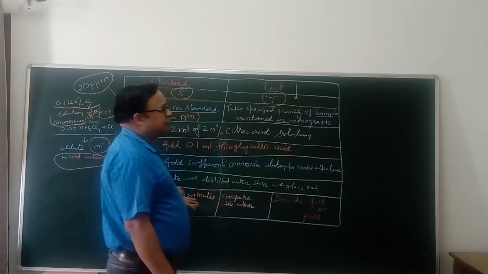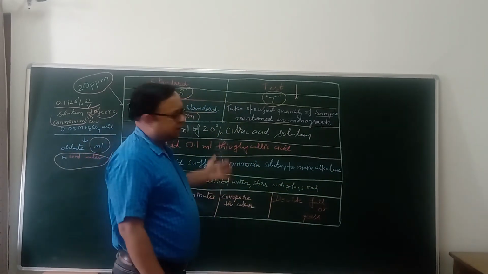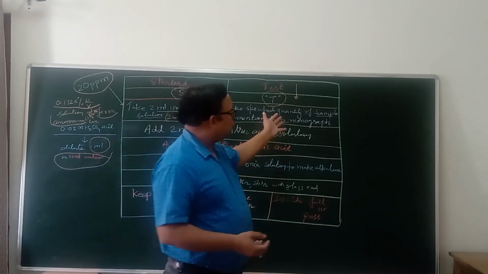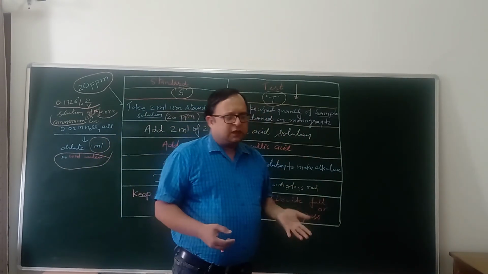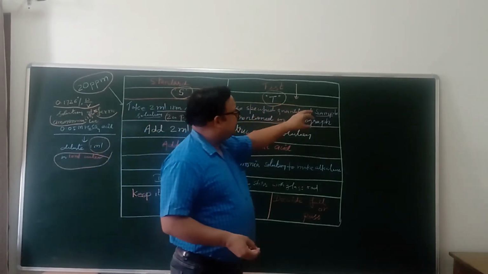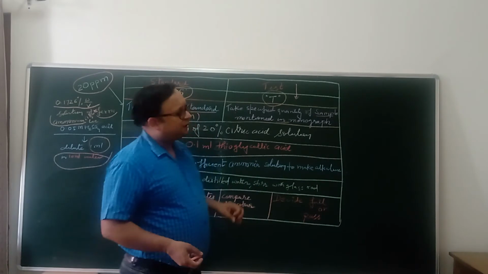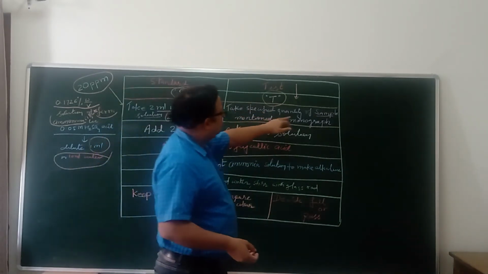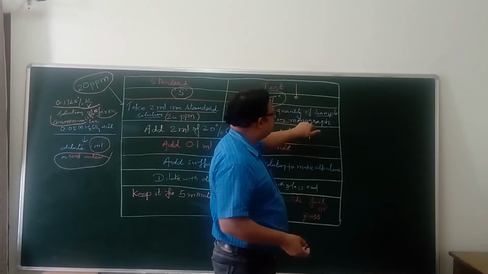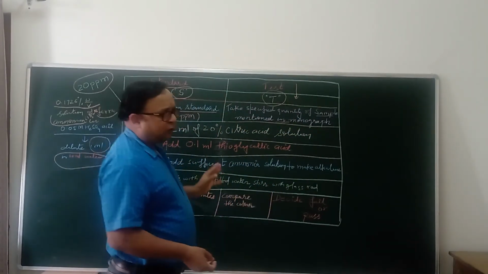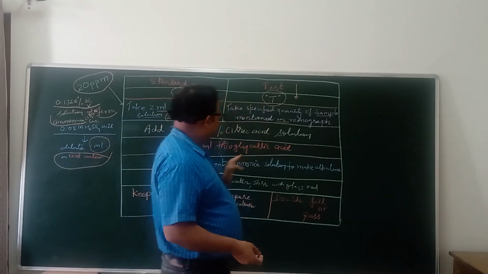If I took the example of magnesium sulfate, the procedure will vary. If I took the example of aspirin, the amount and the procedure will again differ. If I took paracetamol, again the procedure, quantity and volume will vary. So that's why I have clearly mentioned, take the specified quantity of the sample mentioned in the individual monograph.